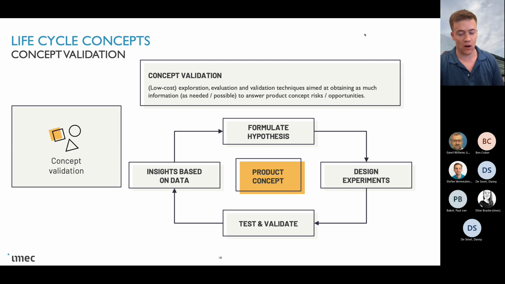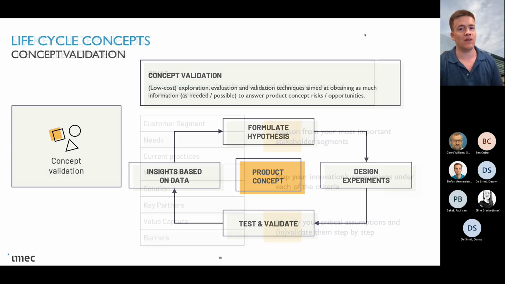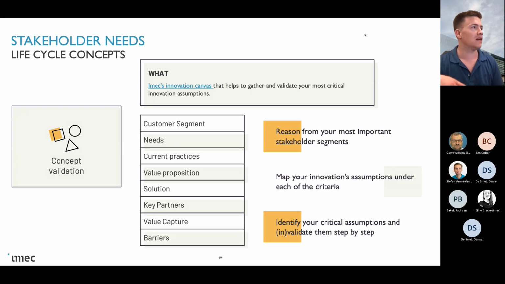Within IMEC, we often use the Innovatrix. It's an innovation canvas. It's a little bit like a business model canvas, but with more focus on the customer segment and what we're actually proposing to them. It helps gather and validate assumptions, and in the case of concept validation, it also helps you identify what aspects might be risky.